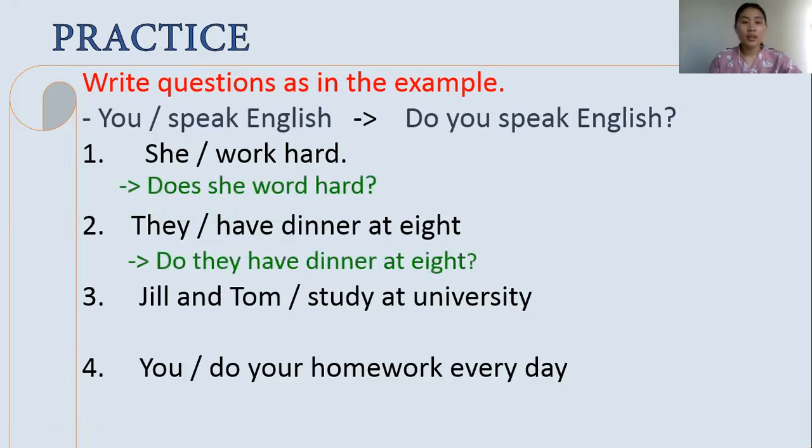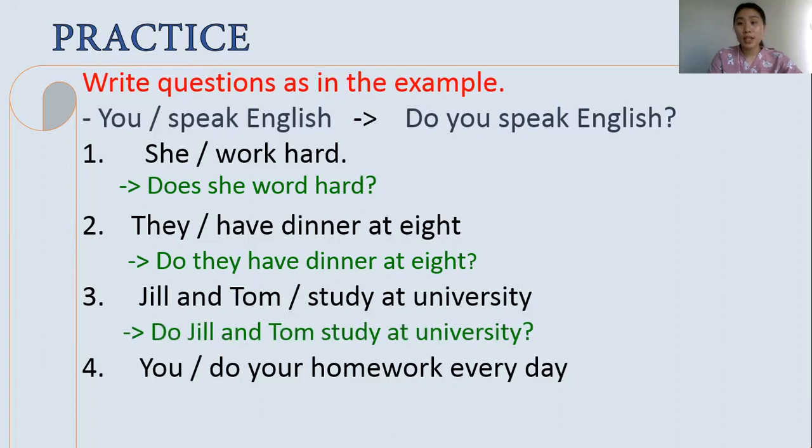So number 3, Jill and Tom study at university. Jill and Tom is the same as they. So Jill and Tom, do or does? No, because they are two people. It's the same as they, so we have to use do to make the question. Do Jill and Tom study at university?